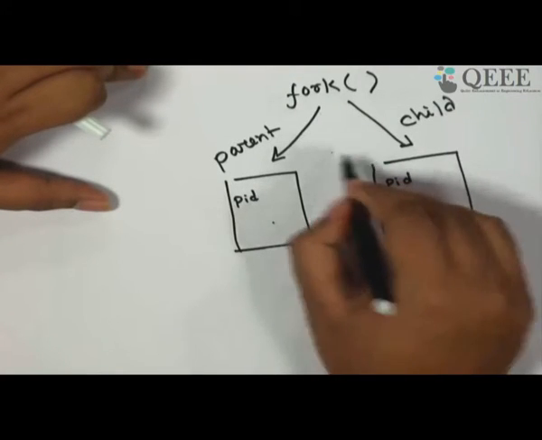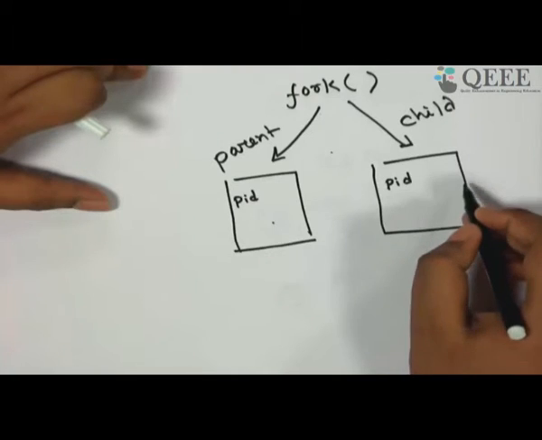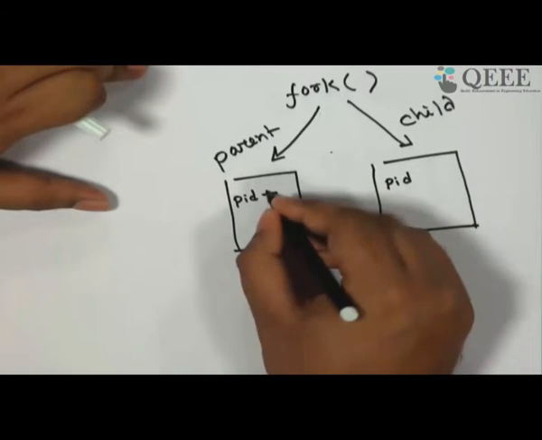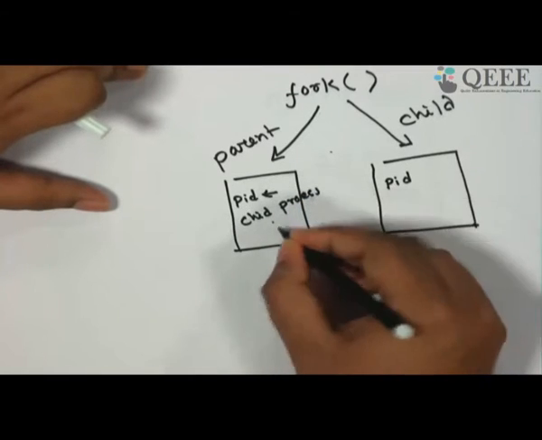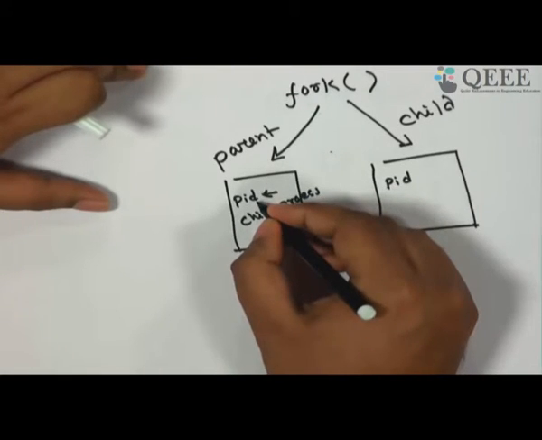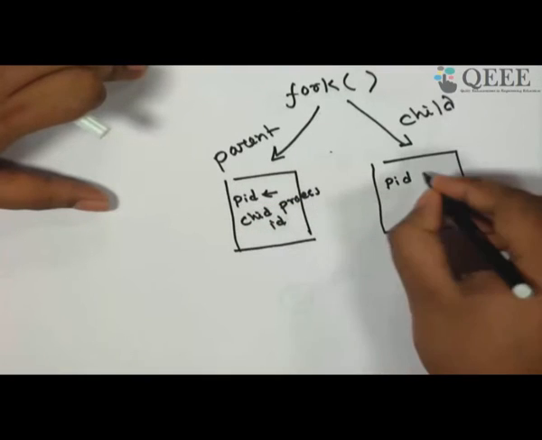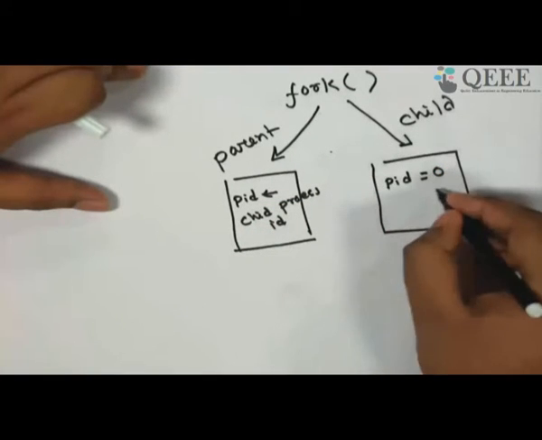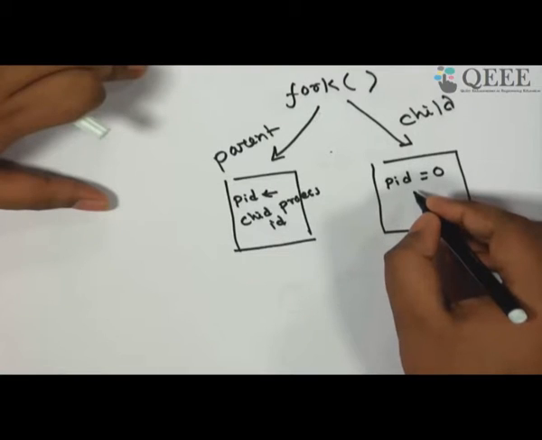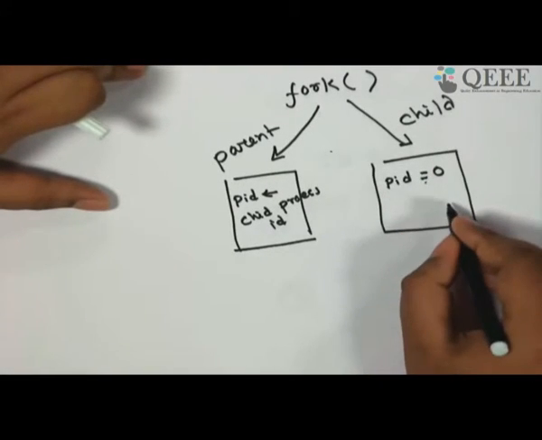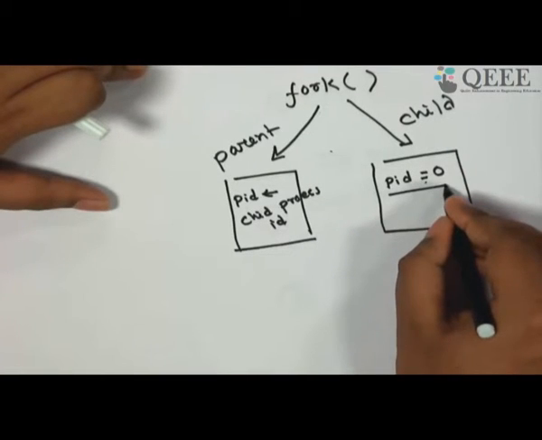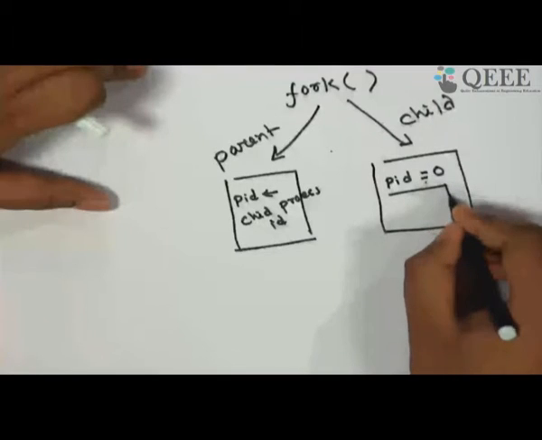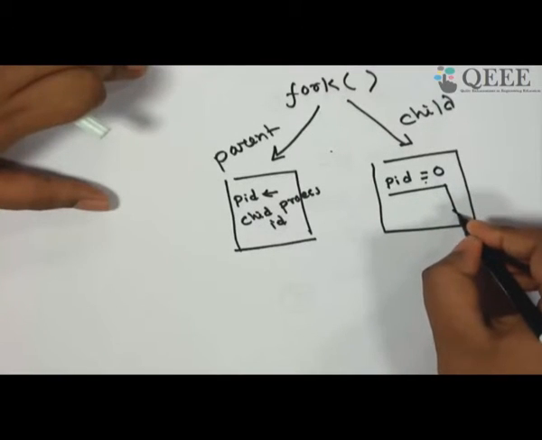Now when the operating system creates a child process, it returns the child process ID to the parent process's version of the local variable PID, and it returns 0 to the child process's version of the PID variable. That way, inside the child process, if you check PID equal to 0, you know that you are going to execute that part of the code.